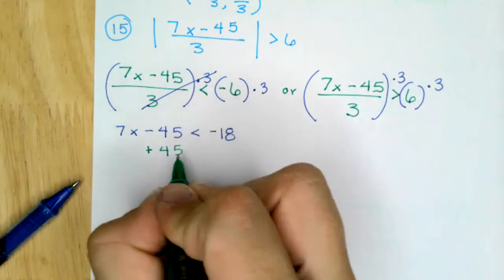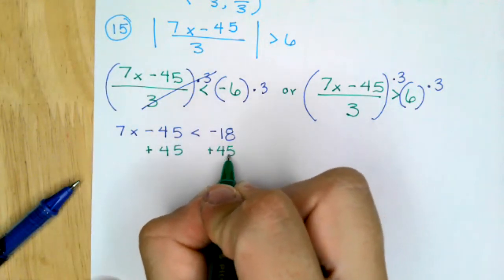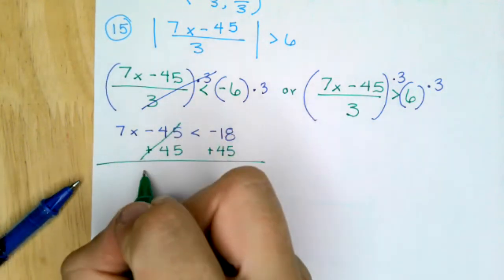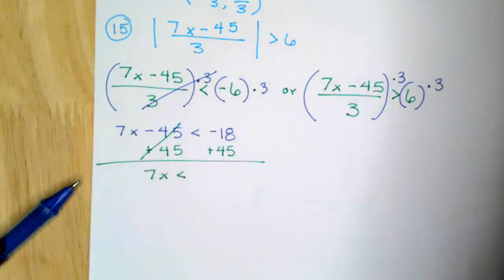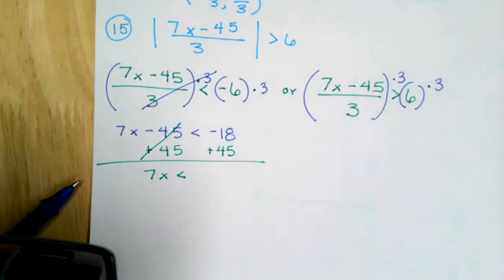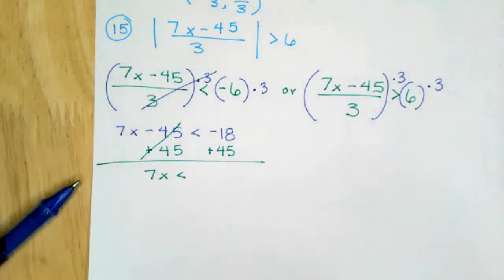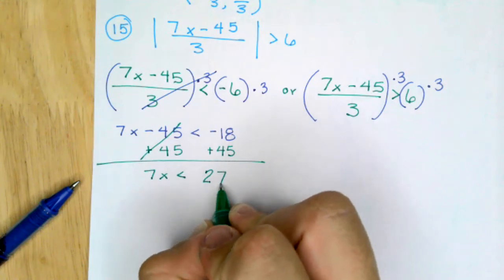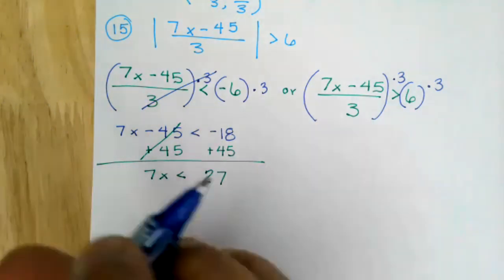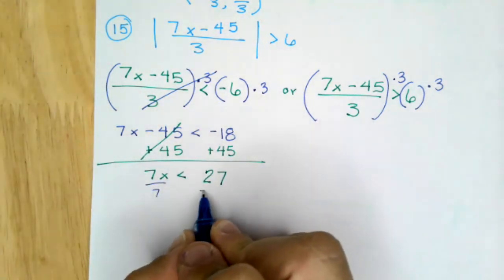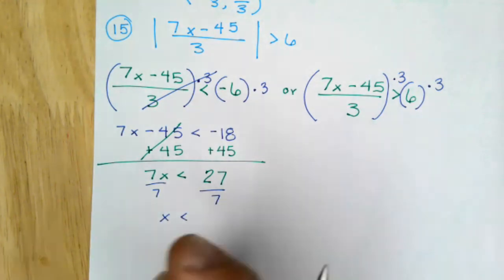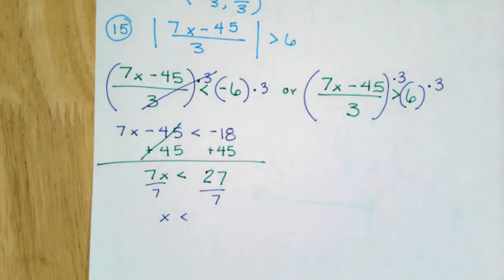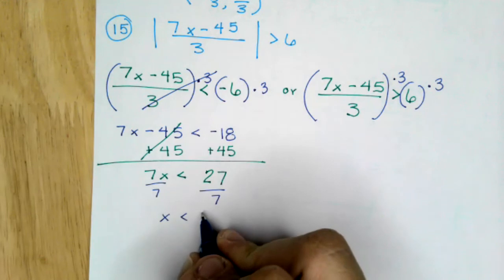Add 45, add 45. 7x is less than 45 minus 18, which is 27. Divide that by 7. x is less than 27 over 7, right?